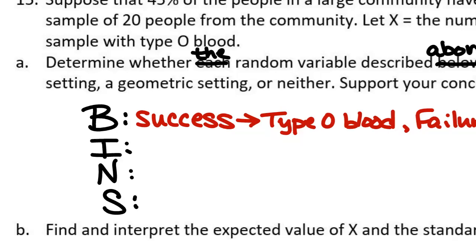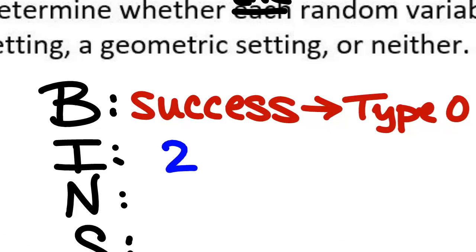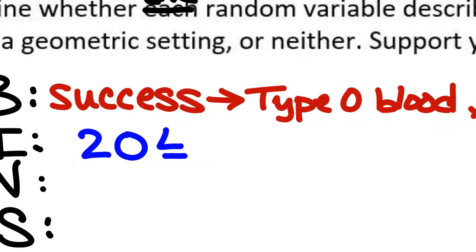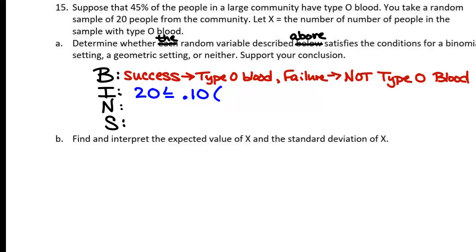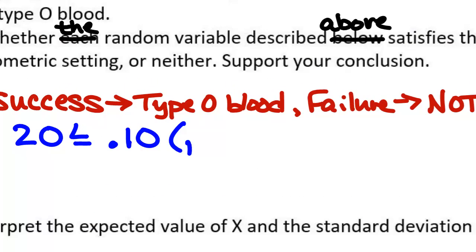Can I actually check the 10% condition here? Not really, no. Yes. How many people are we sampling? 20. 20 is less than or equal to 10% of people in a very large community, right? 100 could be a very large.